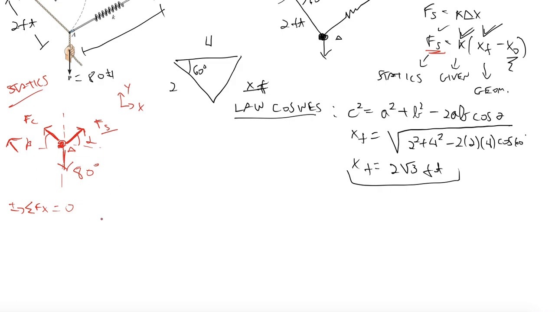So Fs cosine alpha, so Fs goes this way. Then we have the component that we're looking at, which is going to the right.